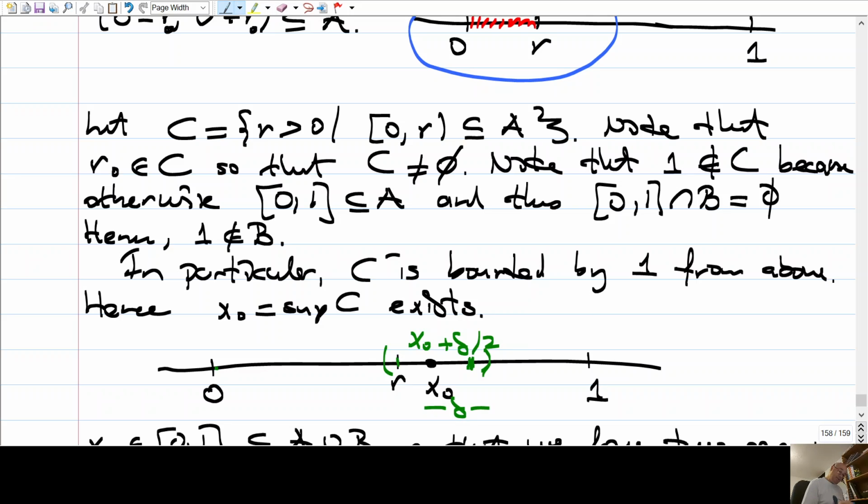Because if it is in C, then the interval 0, 1 would be in A, but then there would be no point of 0, 1 which would lie inside B, because the whole thing lies inside A. So no point of 0, 1 lies inside B in this case.